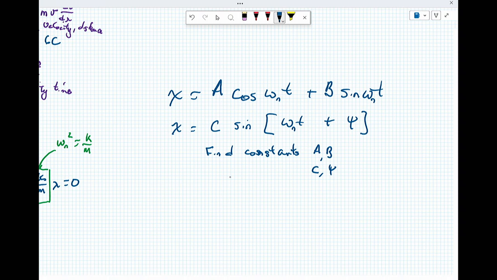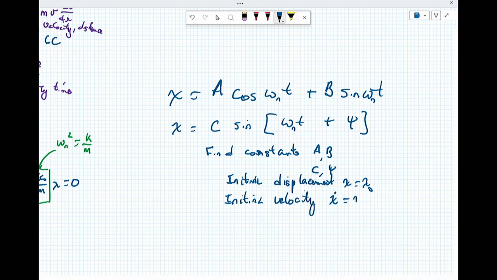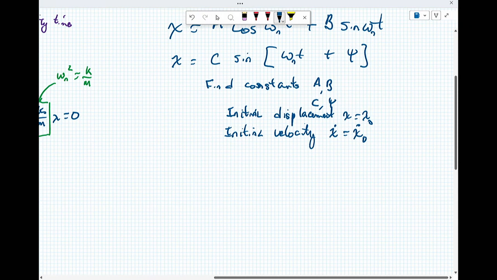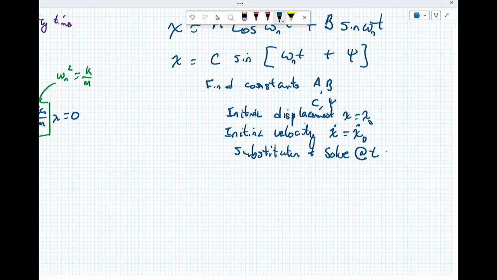And that's going to be based on initial displacement, x equals x naught, initial velocity, x dot equals x dot naught, and then I substitute and solve at t equals 0.